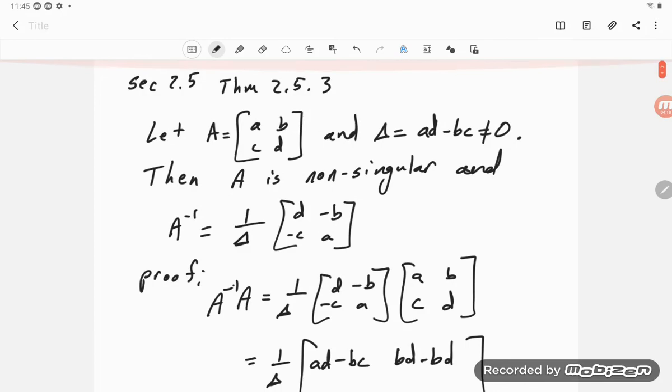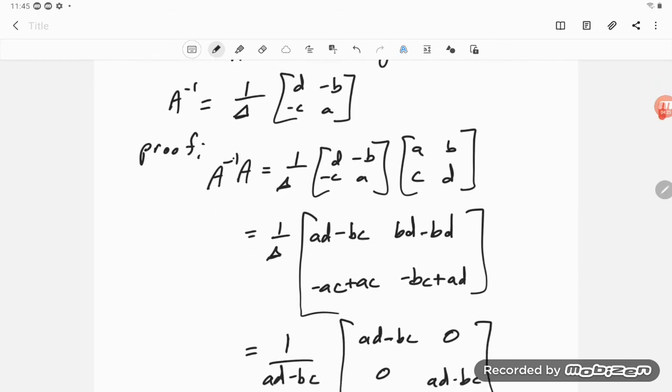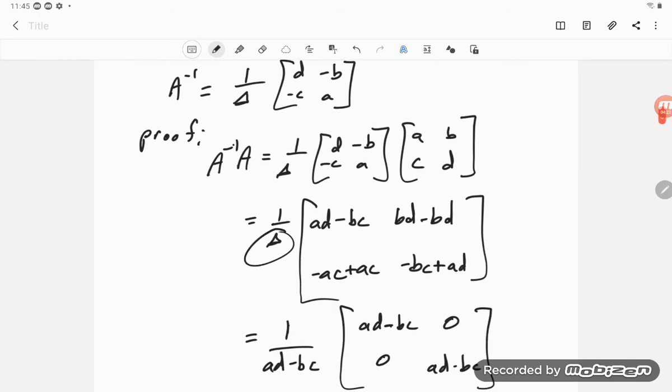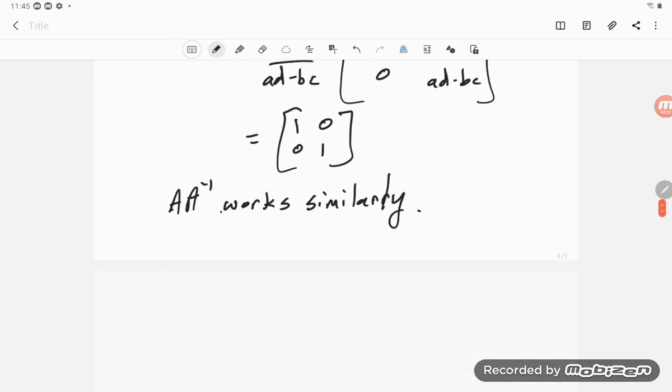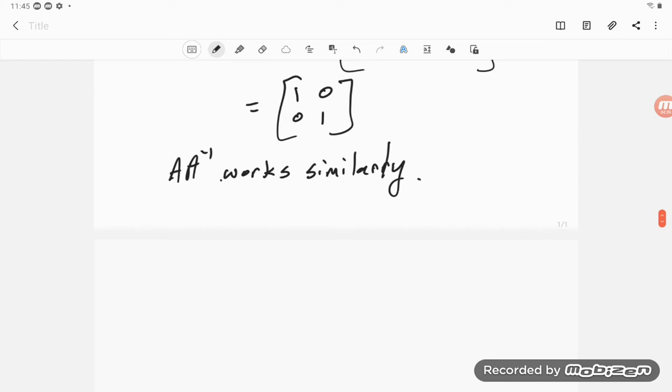Now notice, if this AD minus BC is equal to 0, we can't multiply by 1 over delta. 1 over delta is undefined.